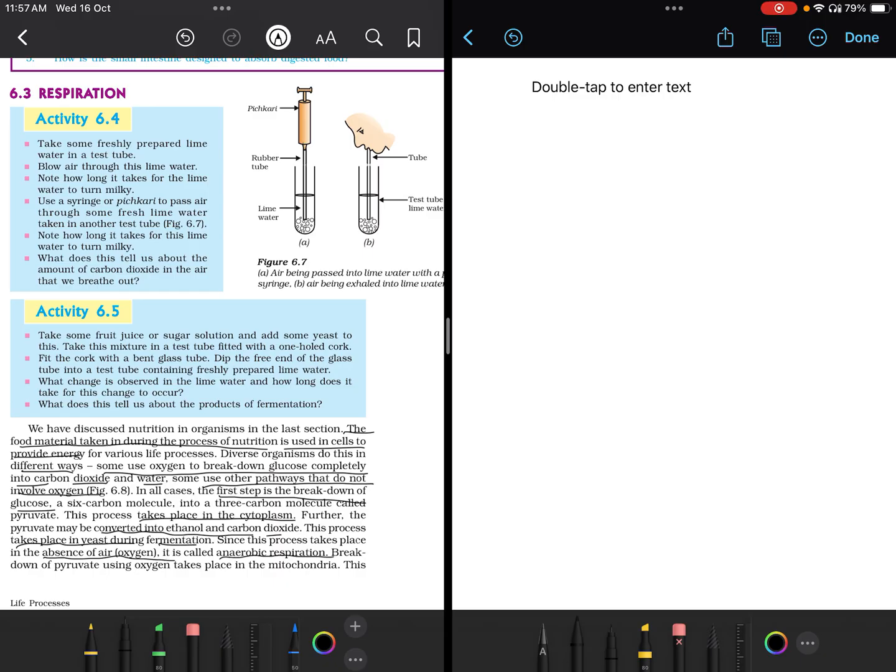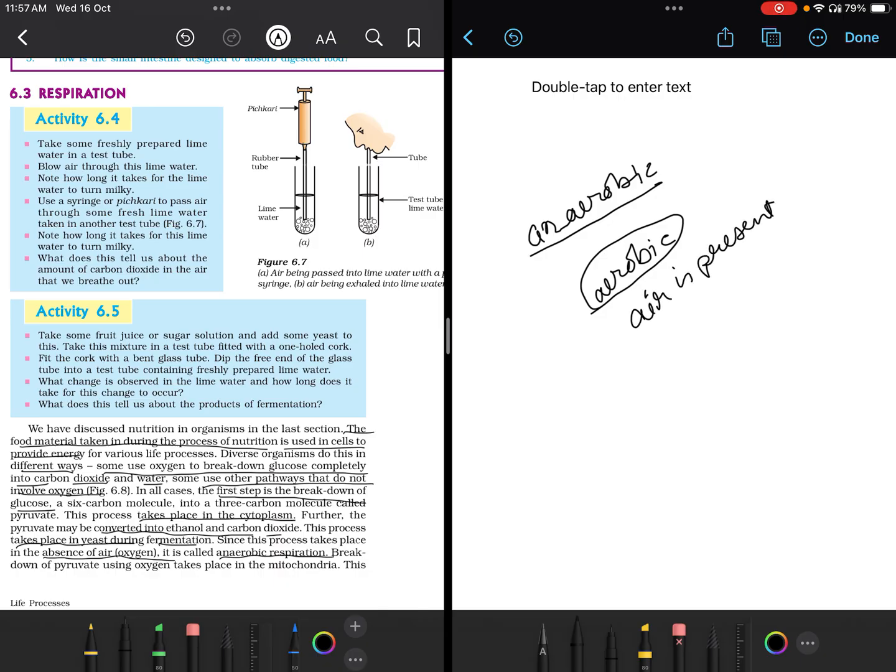Now, breaking down the term anaerobic and aerobic. For your understanding, aerobic means air is present, and in front of it, if an comes, it becomes anaerobic. So, air is absent. Air doesn't exactly mean oxygen, but for your understanding, I'm saying this.